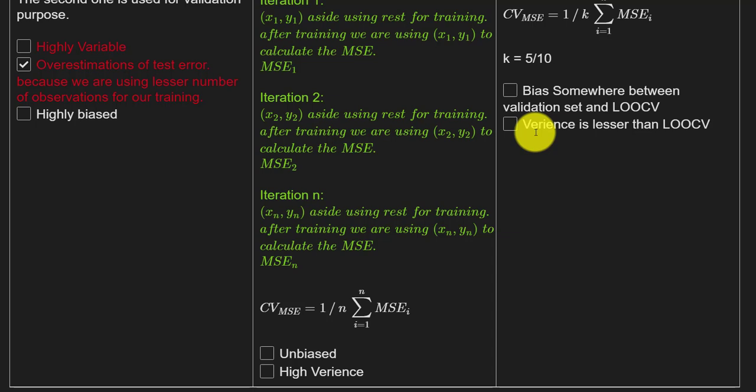So if you see, in terms of the bias-variance trade-off also, k-fold always gives a better estimate because its variance is somehow lesser and its bias is also somehow in between these two guys. That means, because we cannot choose a model which is fully unbiased and very high variance, right? So generally k-fold performs better compared to these two other methods.